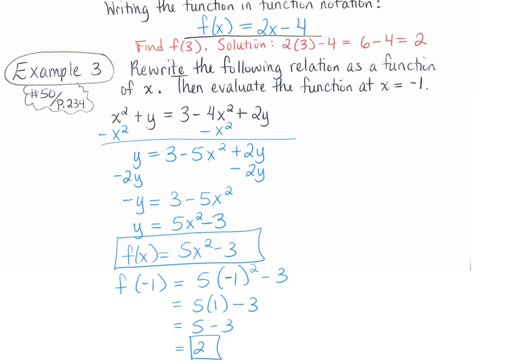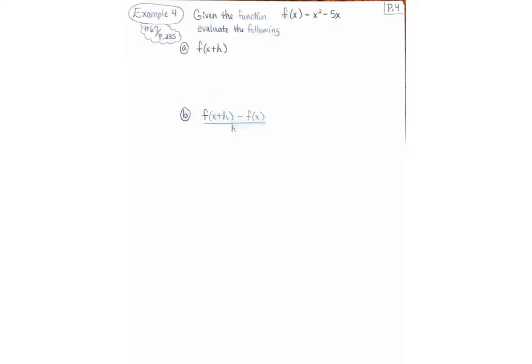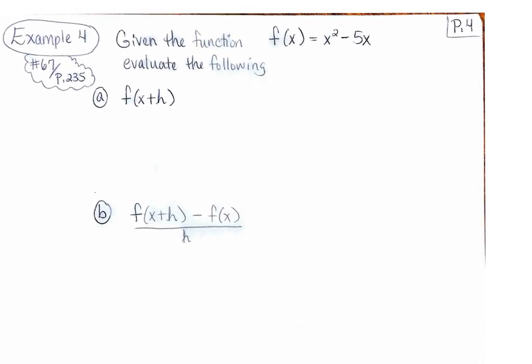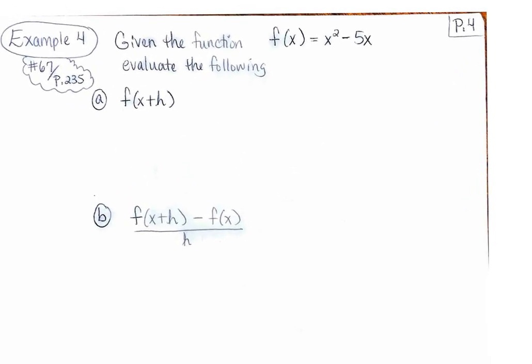None? Okay. Given the function f of x equals x squared minus 5x, I want us to evaluate the following. You'll see this type of problem again. Given the function f of x equals x squared minus 5x, I want us to evaluate f of x plus h.